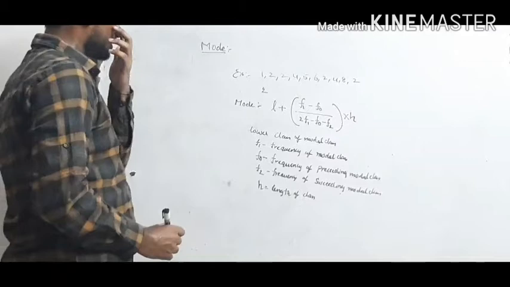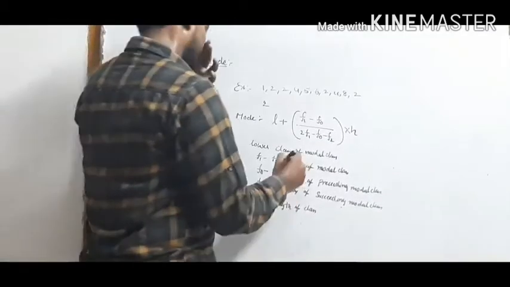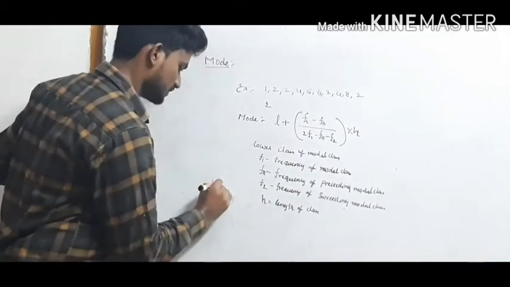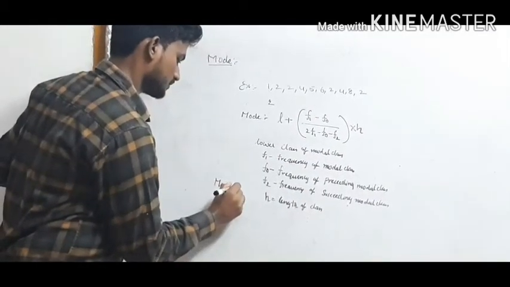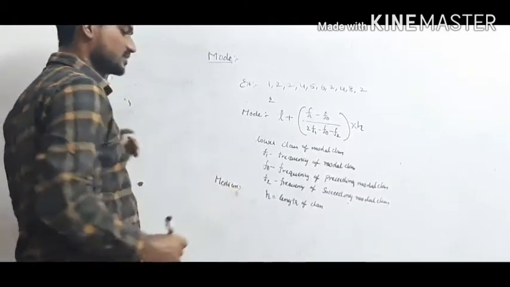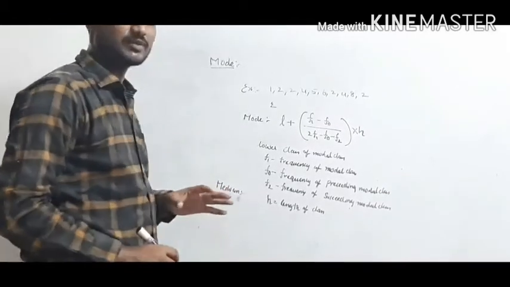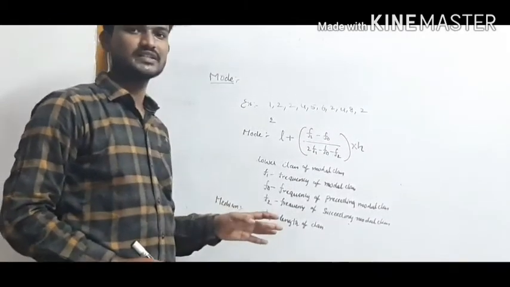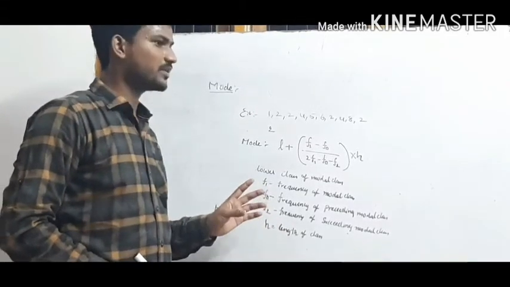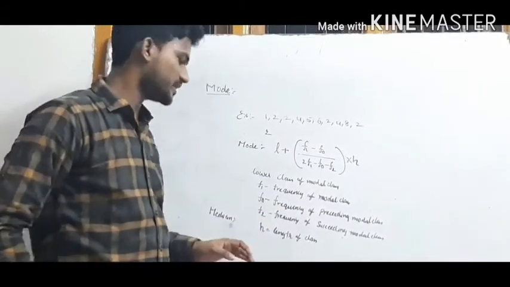And we can discuss the median. Median means the middle of the observations. When we take them in ascending or descending order, the middle observation is known as the median.